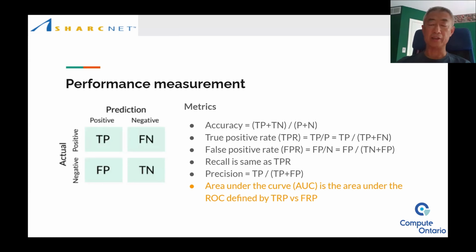But whenever you increase the threshold, you actually decrease the true positive rate. At the same time, you decrease the false positive rate as well. And recall and precision work together as well.